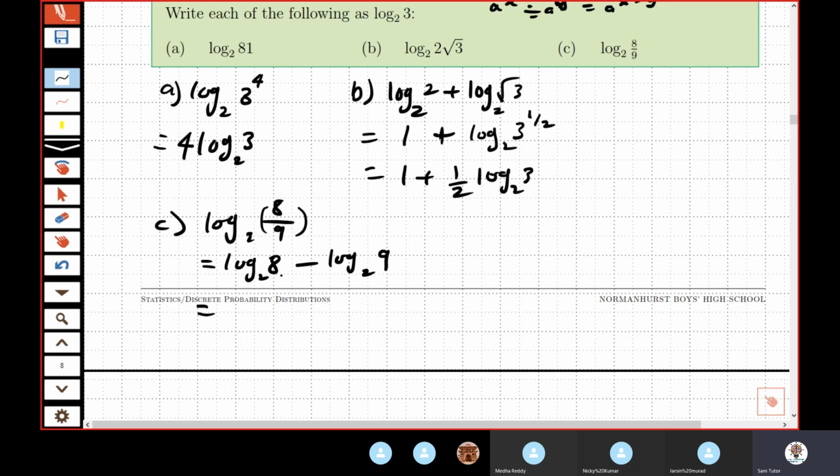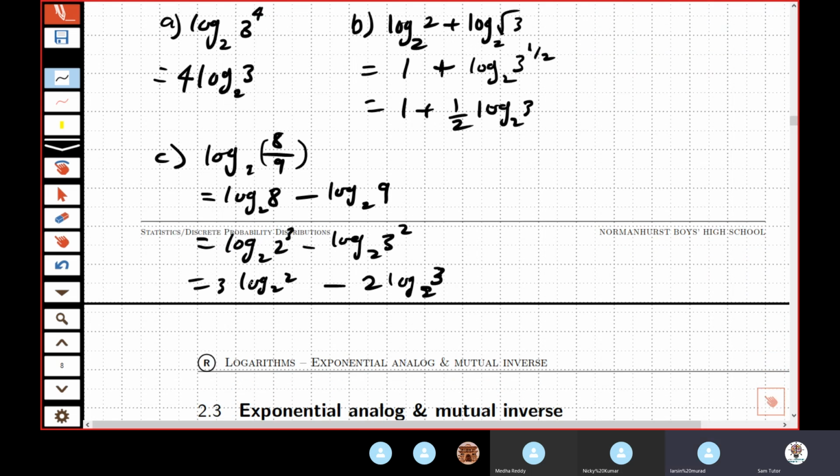All right, log 8 is obviously log 2 cubed. Log 9 is 3 squared. Bring the 3 down. Bring the 2 down. That's your log 3. That's done. What does log 2 equal to again, Larson? 1.